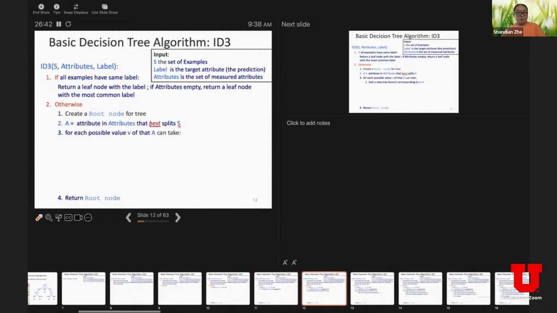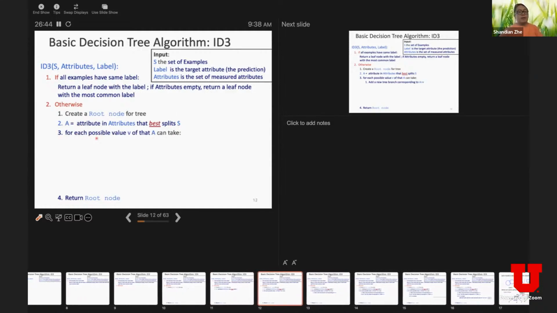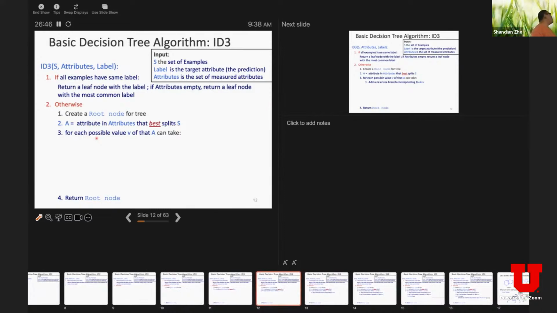then we're going to enumerate every possible value A can take.